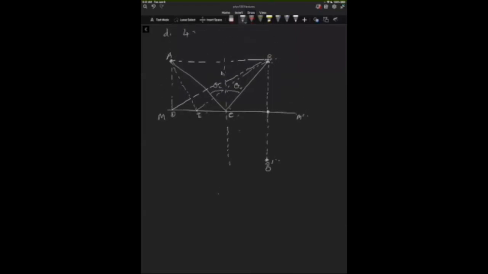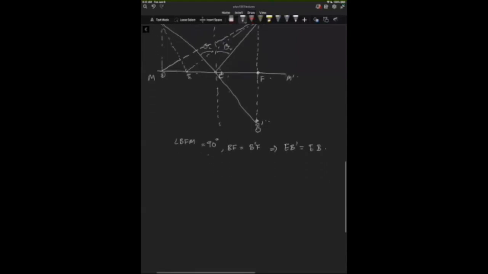Therefore, out of all the paths from A to B that hit the mirror and go back to B, they are the same as the paths that hit a point on the mirror and then travel to the point B prime. And so now the question is much more straightforward: what is the shortest path from A to B prime, which will obviously go through the mirror, and that is the one that goes in a straight line from A to C to B prime, sorry.